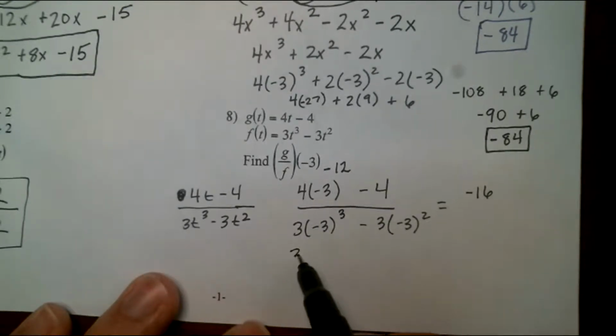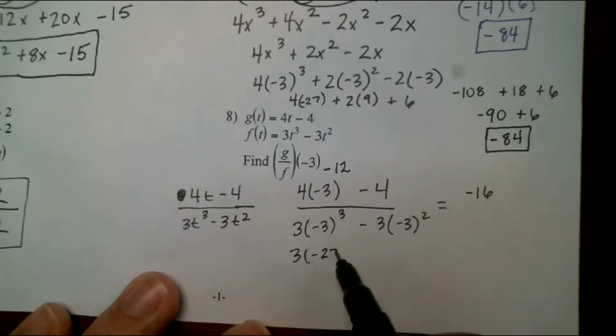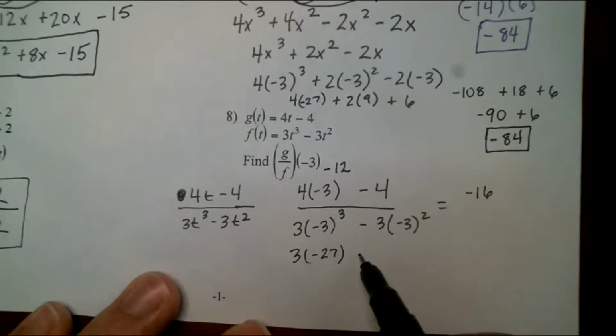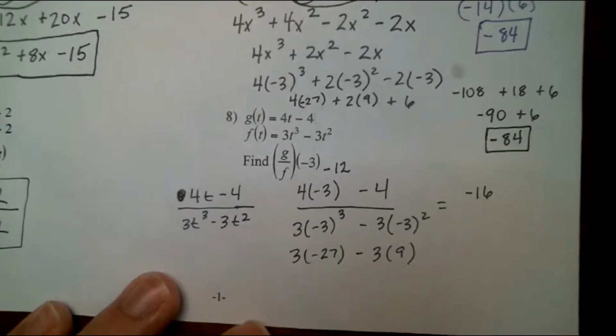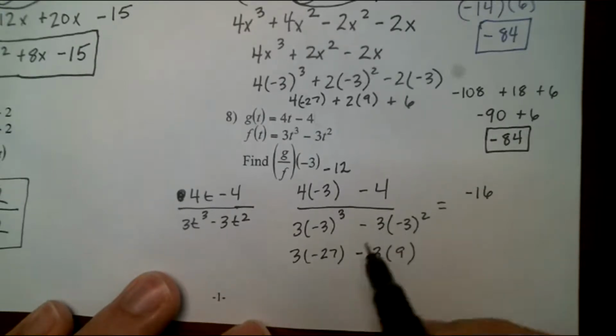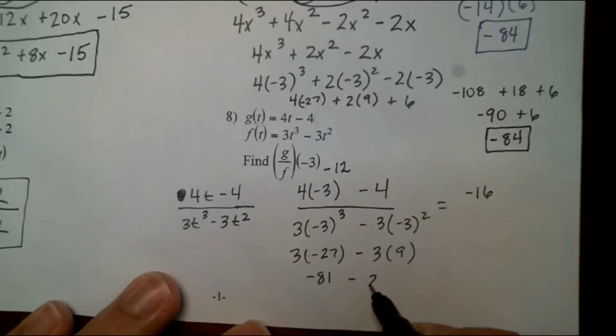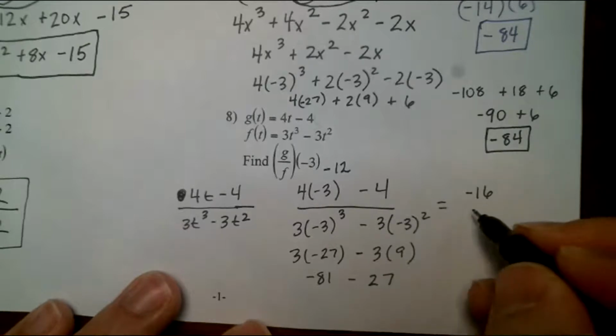This would be 3 times negative 27 minus 3 times 9. Three times negative 27 would be negative 81 minus 27. Negative 81 minus 27 would lead us to negative 108.